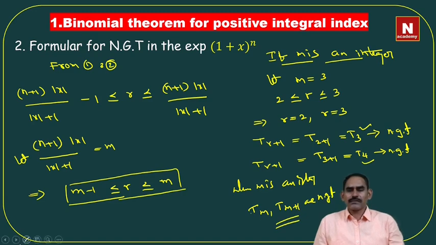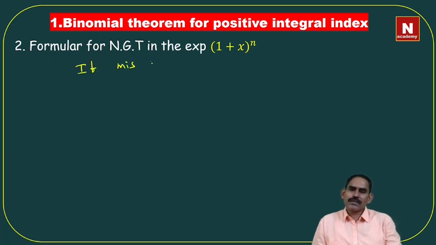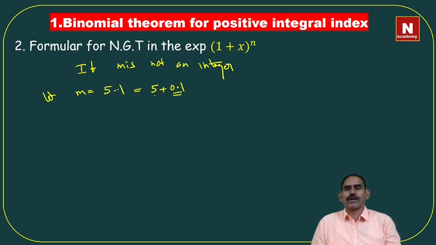And next case, if m is not an integer, let us take an example. m equals, I am taking 5.1. Here m is not an integer. That means m has two parts here, 5 plus 0.1. Here 5 is the integer, 0.1 is the fractional part. That's why I have taken 5.1.